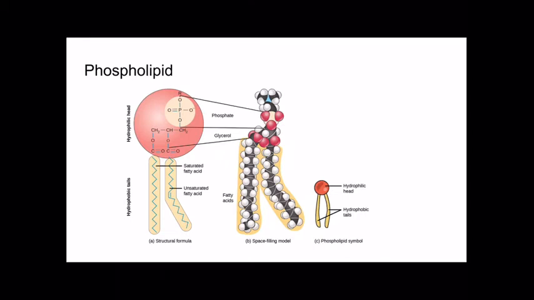So the phosphate portion of the molecule has a negative charge to it. That other side group part of it will have a positive charge to it. And so what that means is we have a polar aspect to this molecule. Remember that polar covalent bonds are bonds in which the electrons are not equally shared, and it gives rise to a slightly negative and a slightly positive portion of the molecule.